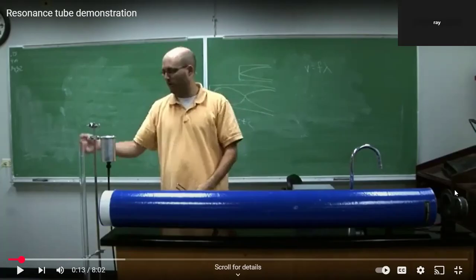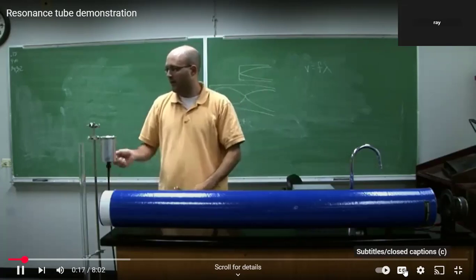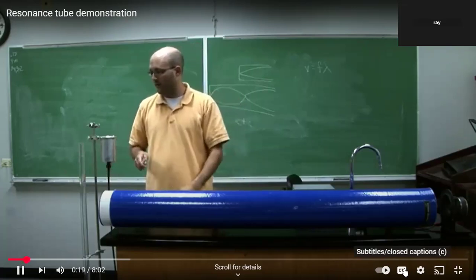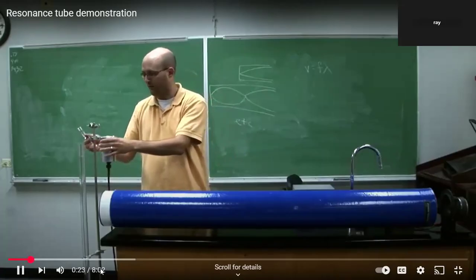With this one, you can adjust the amplitude using the power generator or oscillator, and then you can change the frequency. A tube filled with water, and then it turns out we can adjust the level of the water by raising or lowering this water reservoir.